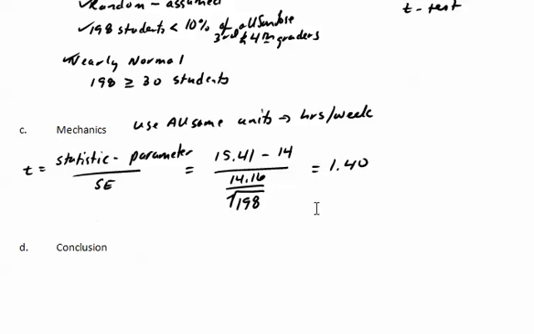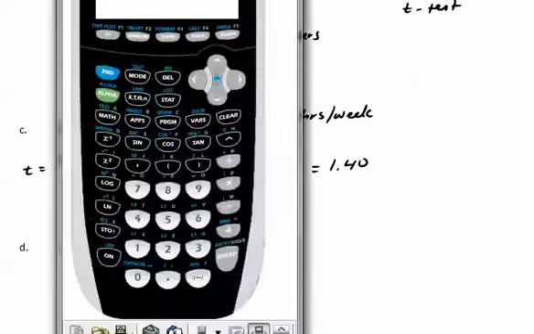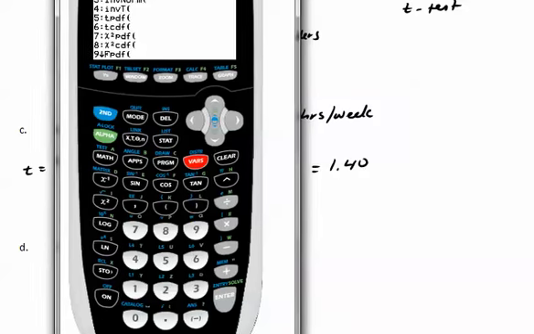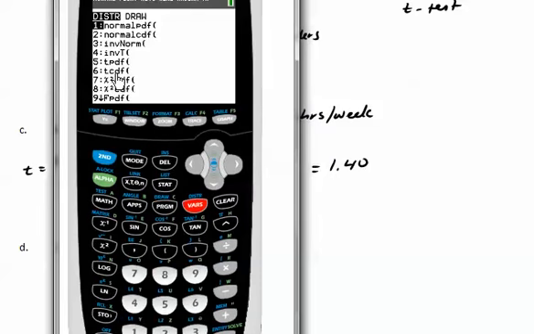And then what I can do is, I have two options. I can use the stats and go to the test, or I can go to second distribution and I can go down to the TCDF distribution.